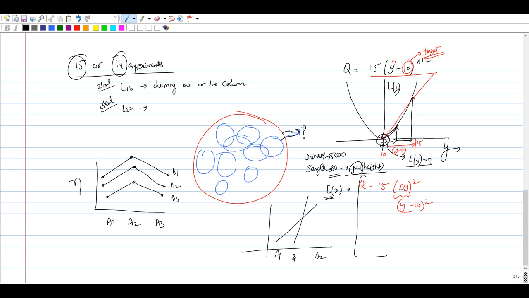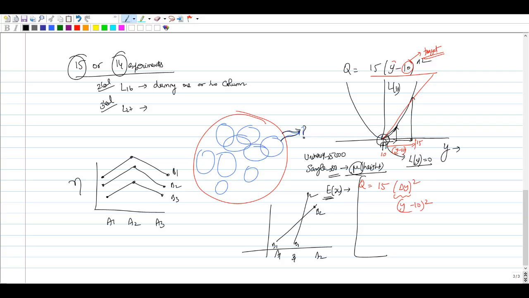Unless the slopes intersect, you don't have interaction. They can be slightly differently bent.